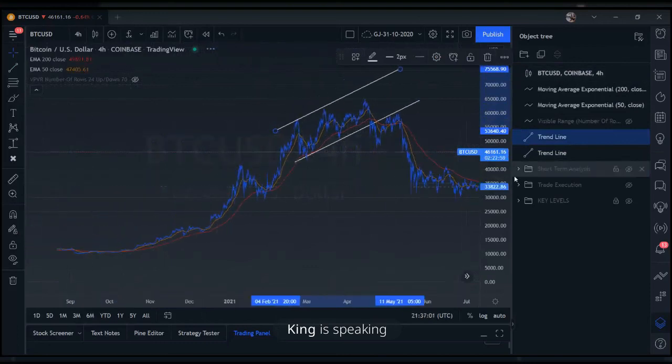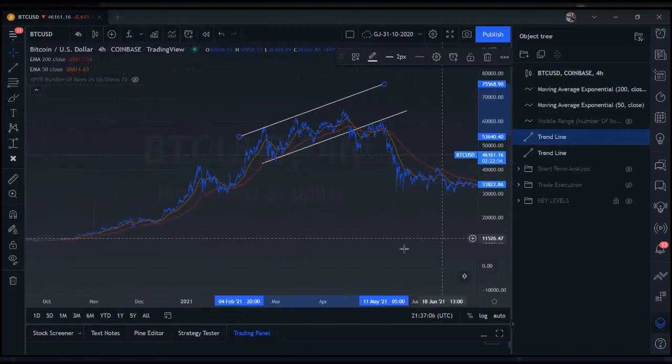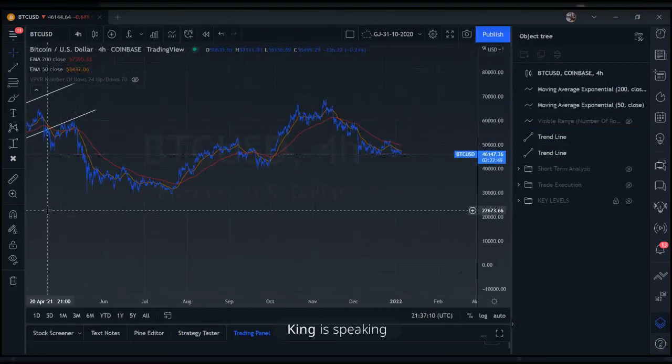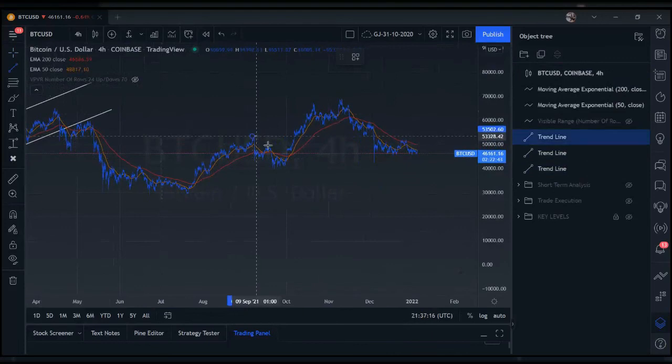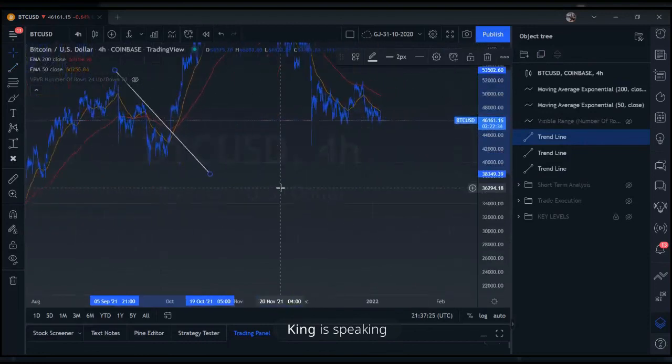Similarly, if we can find a downtrend that gets broken, maybe this one here, even though it doesn't really test it on the upside, you can trade the break.